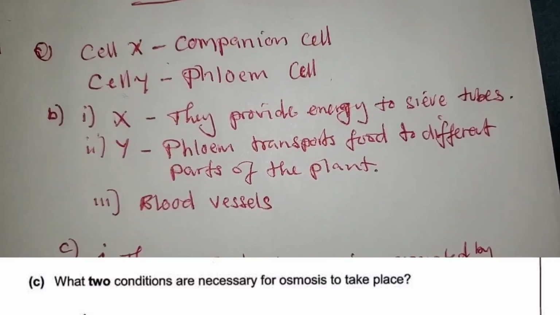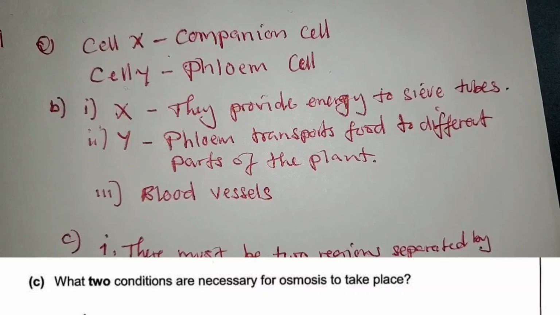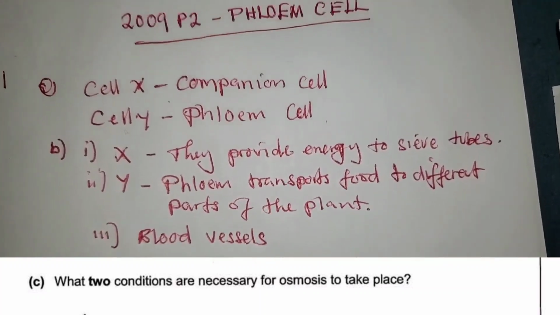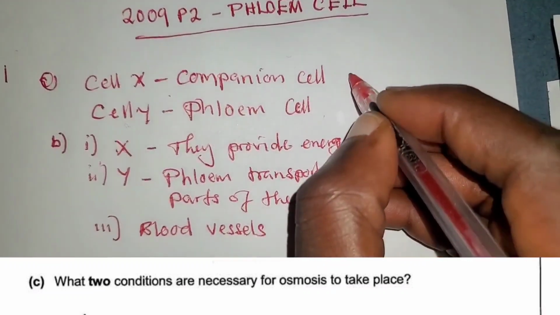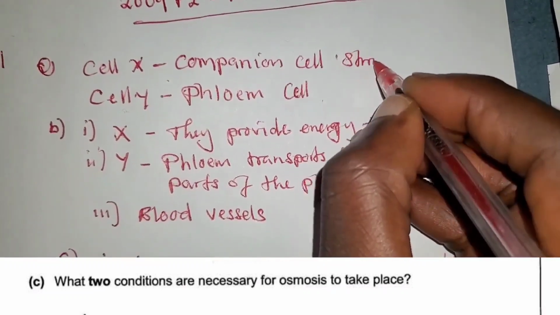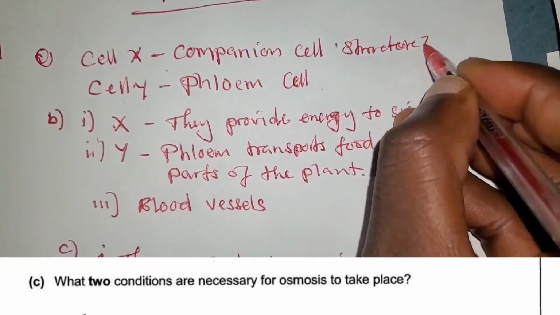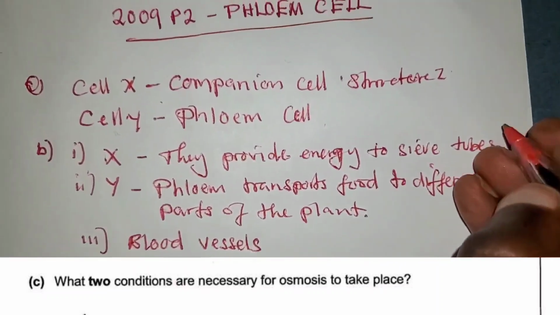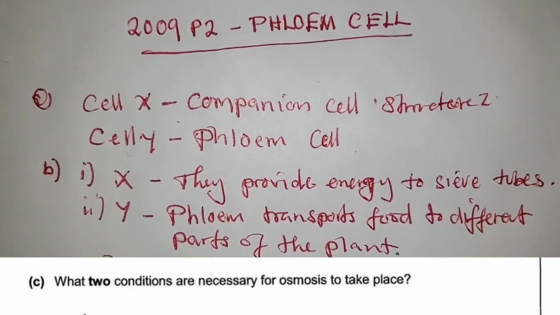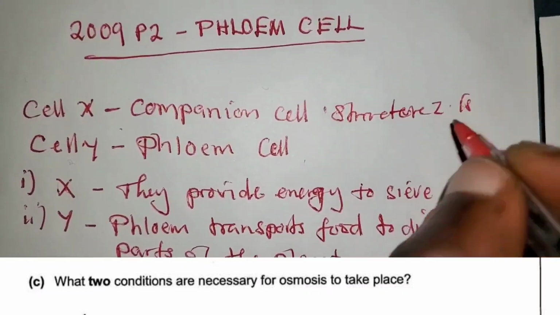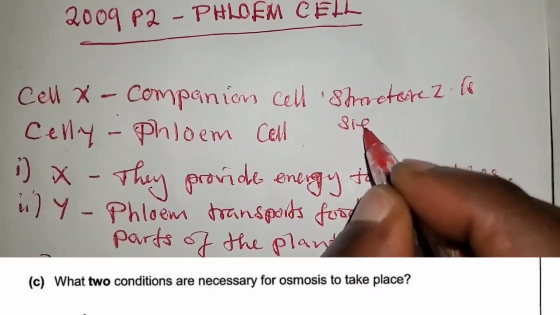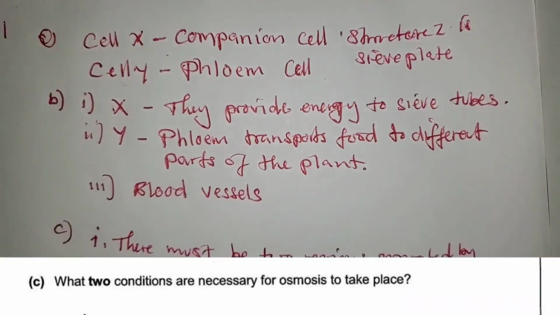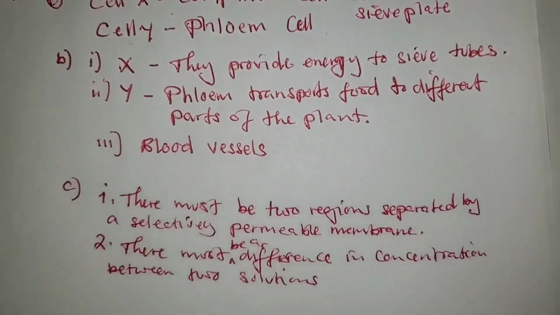The question was cell X, cell Y, and structure Z. So you can say structure Z is sieve plate. All right, so that's all to this question.